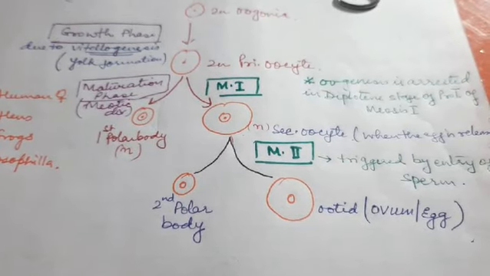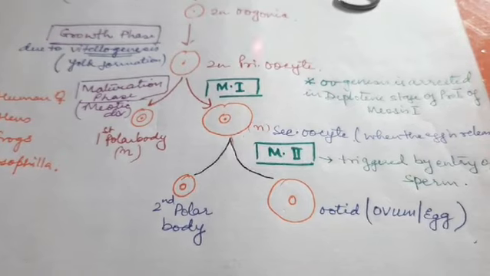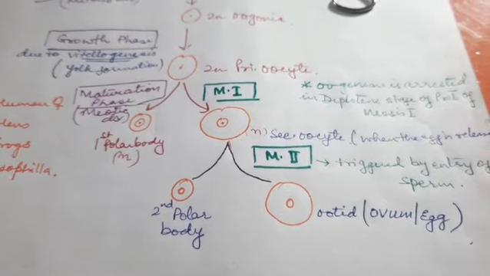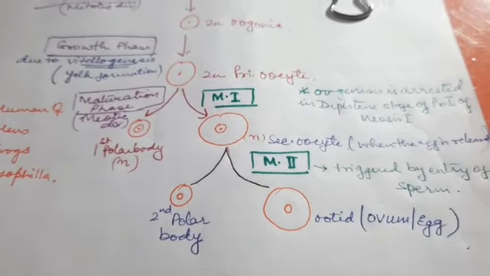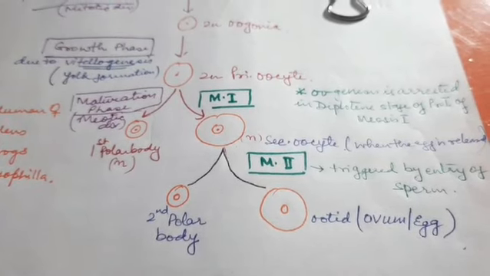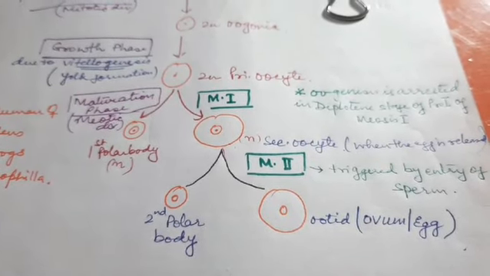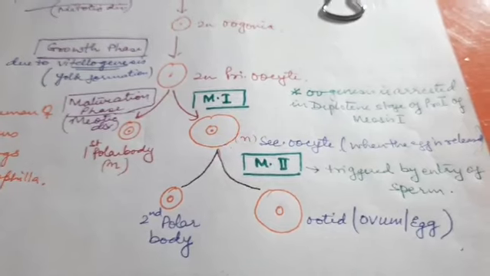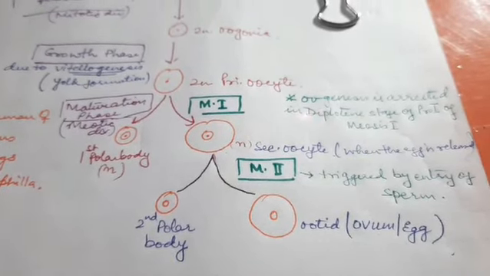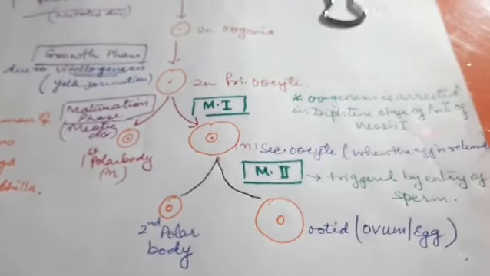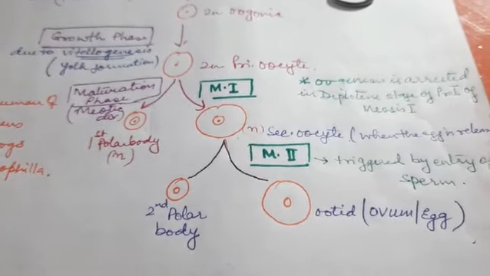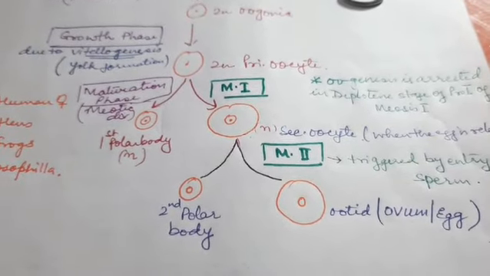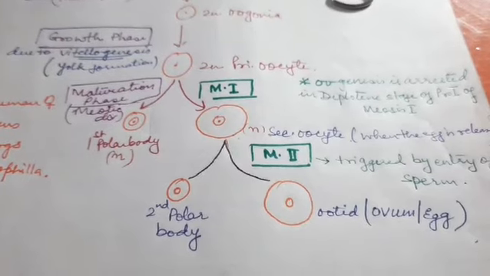The primary oocyte starts the meiosis division, reduction division, which means it goes through prophase 1, metaphase 1, anaphase and all those stages, and in the diplotene stage of prophase 1 of meiosis 1, oogenesis is arrested, and after puberty only this will continue.